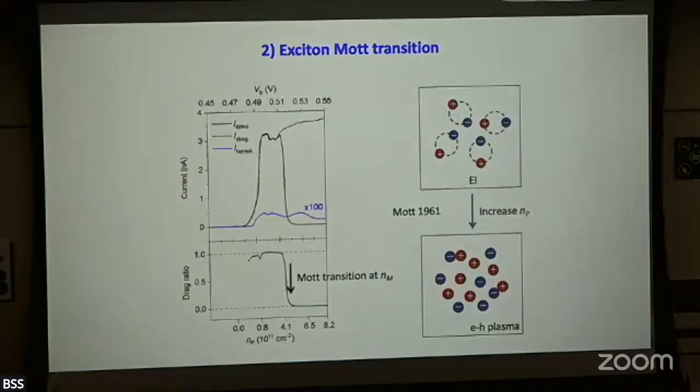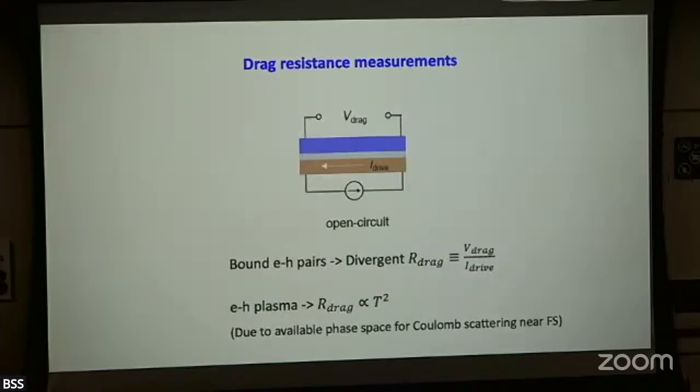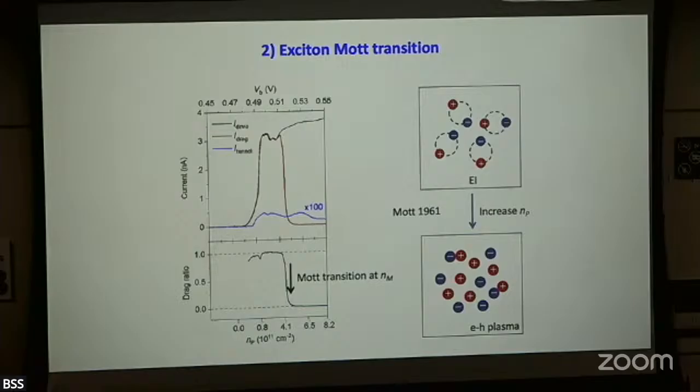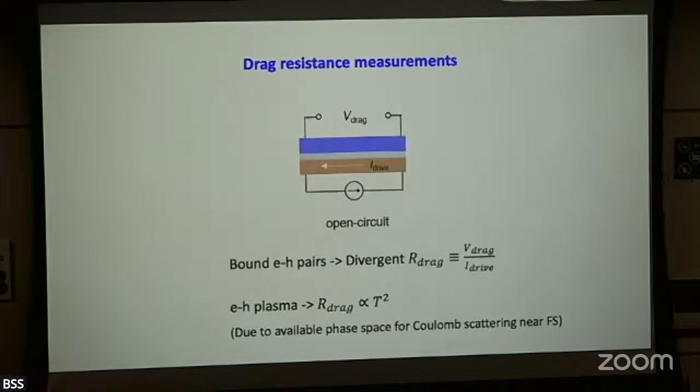So now, this exciton binding energy, the Mott transition, is right here. The question you raised is whether this is a first order phase transition or some kind of continuous phase transition. I think lots of theorists consider this as some kind of abrupt transition. So let me show you what we found in this experiment. This measurement is not super sensitive, so we want to turn to a resistance measurement. Let's look at a different configuration, the drag resistance measurement.